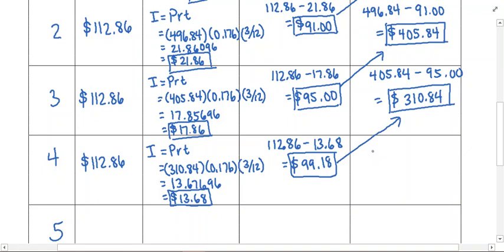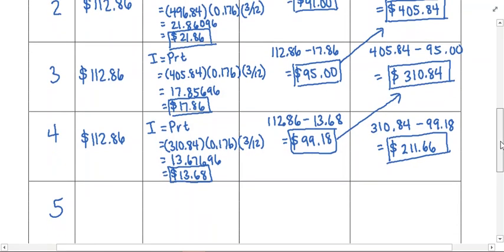After payment number 4, how much do you still owe on the purchase price? Take your previous balance, $310.84, subtract out the non-interest part of the payment, the $99.18. So you still owe, after payment number 4, $211.66, against the purchase price of $584.